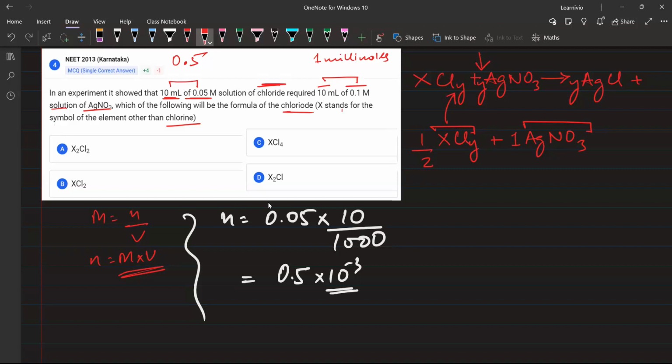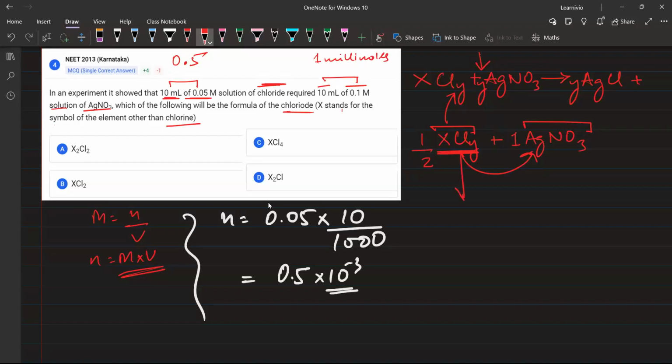Okay. Now, if I need to do everything as 1, then what I would have to do? See, I will have to do this. Cl is what? Cl is Y, no? Y amount of Cl. So you can see that half moles of this chloride is reacting with 1 mole of AgNO3.